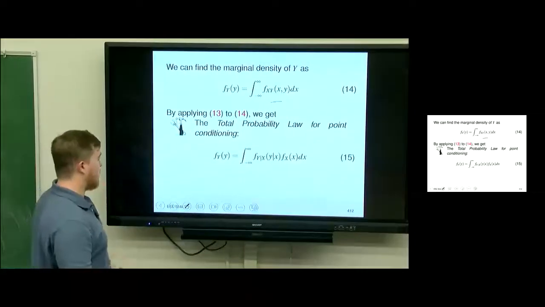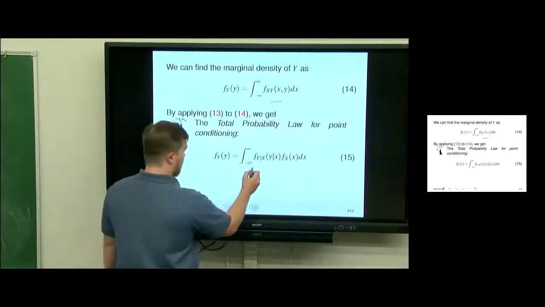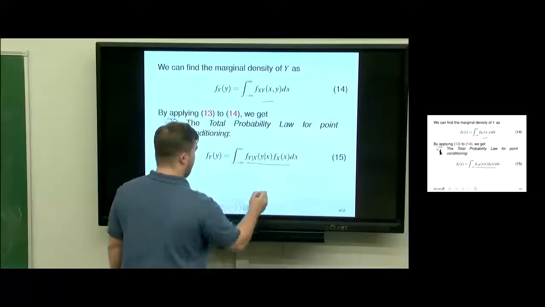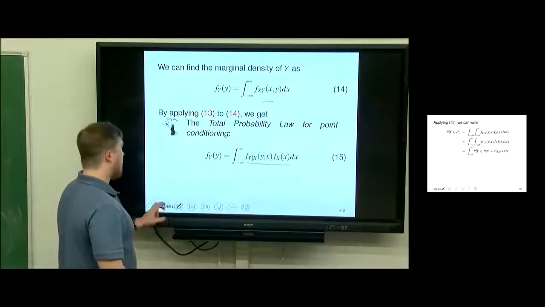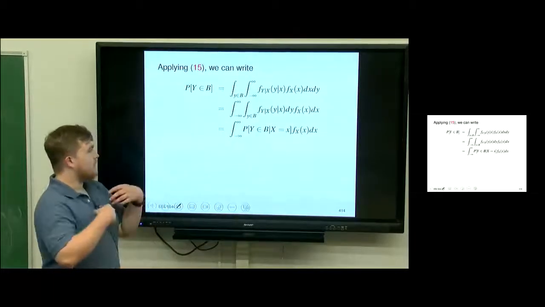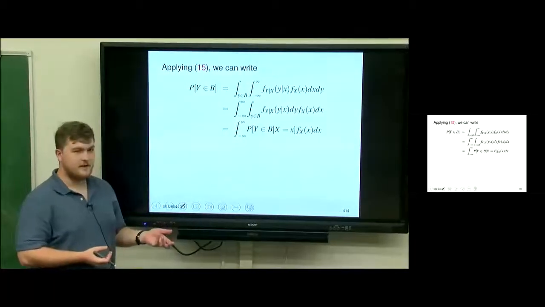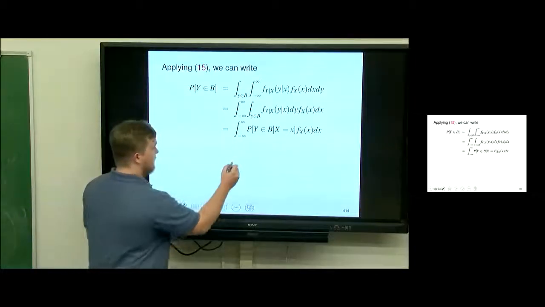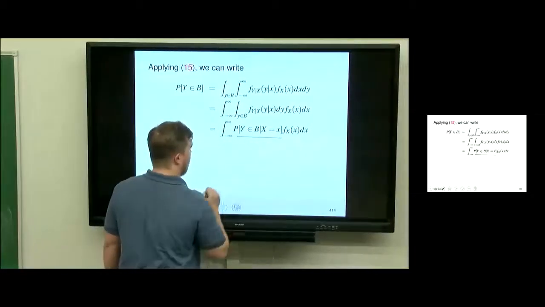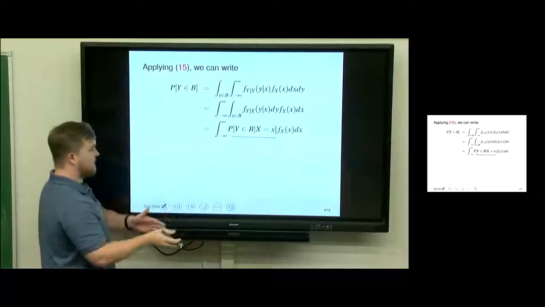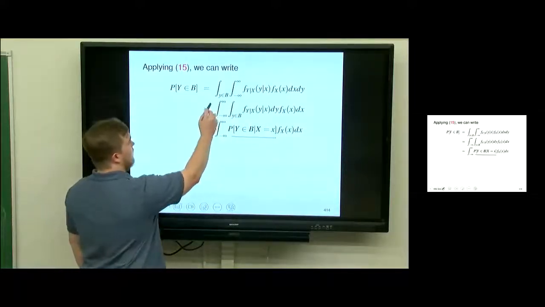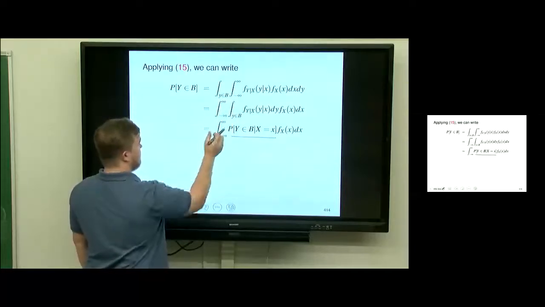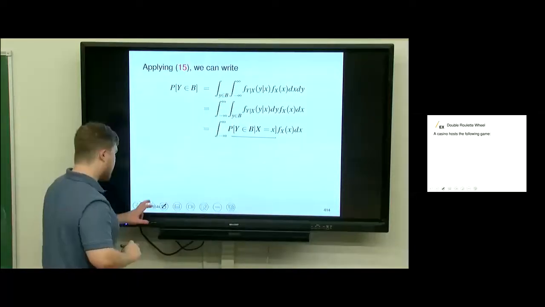But the total probability law for point conditioning is essentially using the chain rule for the densities, and again integrating out the x's. We can not only use the joint densities on the inside, but we can also use the conditional density, a conditional probability. And to get to here, you just swap the integrals and you go.